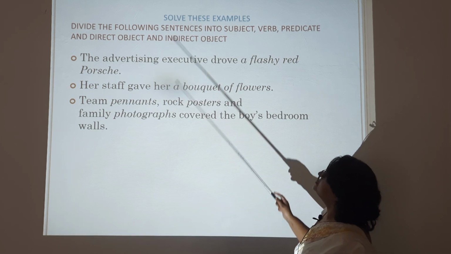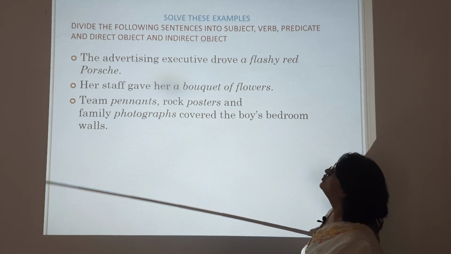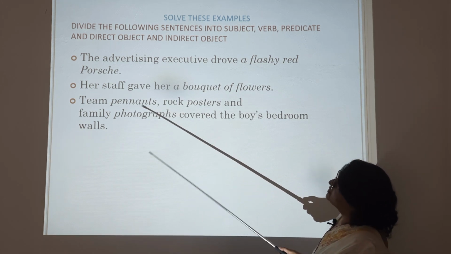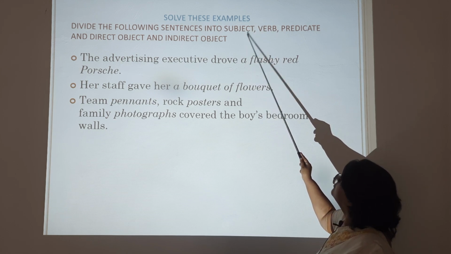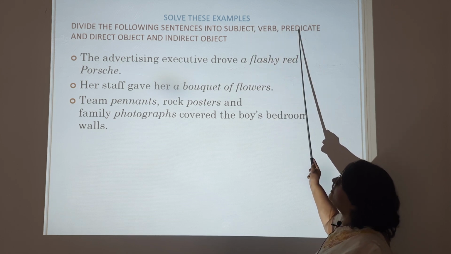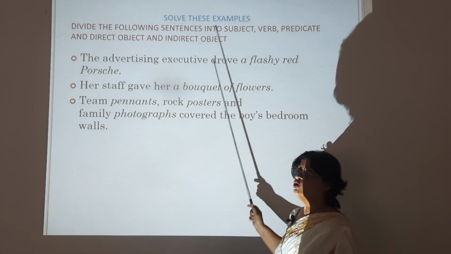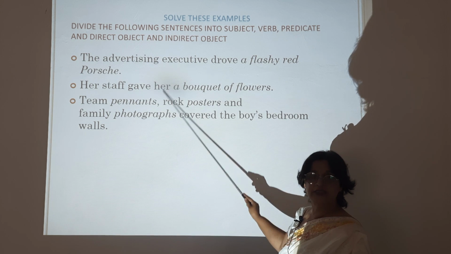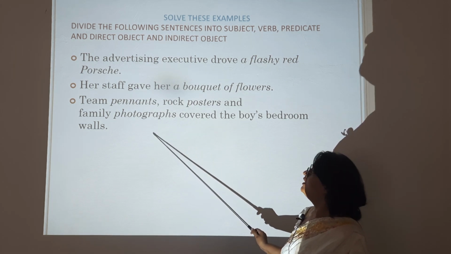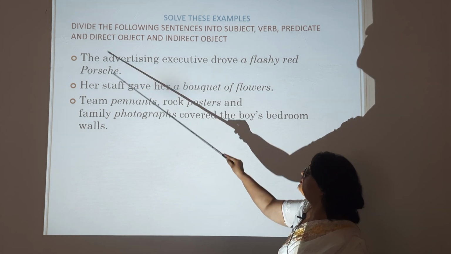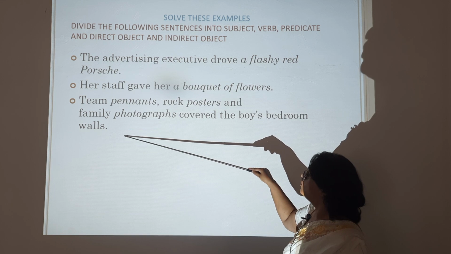Now, this is the sentence you have. These are the exercises that you have to do. Solve these examples. Divide the following sentences into subject, verb, predicate, direct object and indirect object. When you look at these sentences, you will write it down, and after you copy one sentence, first write the verb.